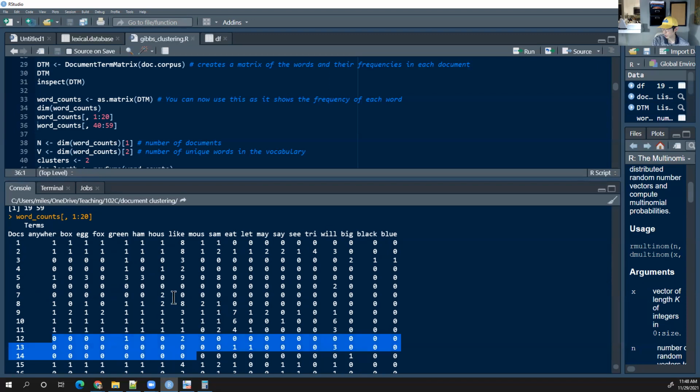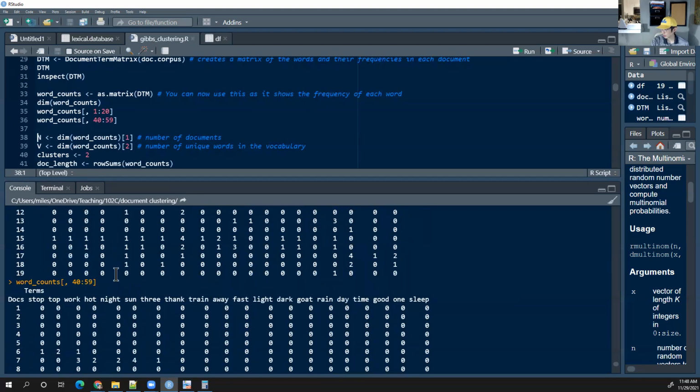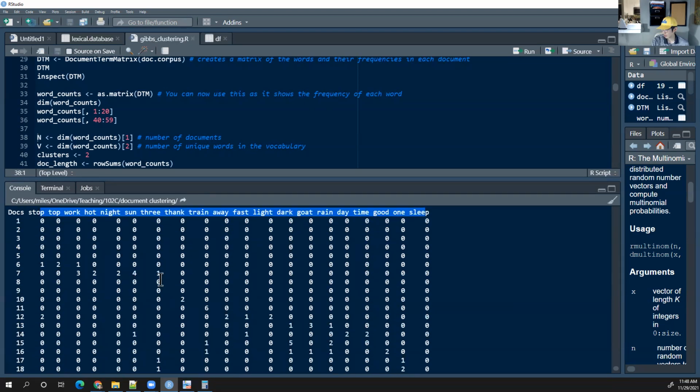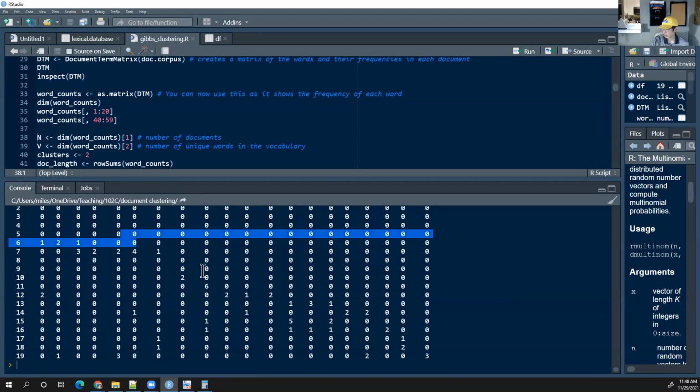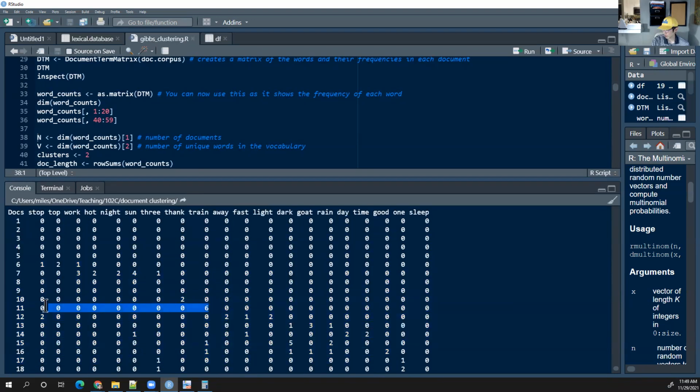So just looking at the word counts, can we start clustering these, right? Some of the other columns are things like hot, night, sun 3. So we have these different word counts for different words. In document 11, the word train appeared 6 times.